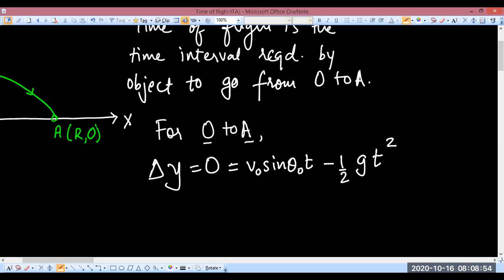This is what we derived yesterday. So by solving this equation, we will be able to get time. So that's what I'm going to ask you to do. Solve this, find what t is equal to. Come on, do the maths yourself.